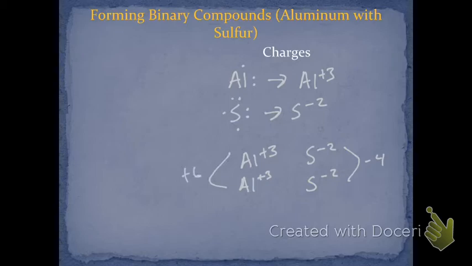You'll see that now it's too positive, so I'll add one more sulfur, and this comes out to -6. So these are all neutral. In order to be neutral, you'll see that I need 2 Als and 3 S's. This is aluminum sulfide. Okay? So you can add as many as you need until you're neutral.